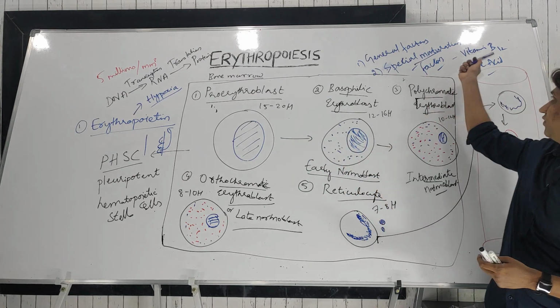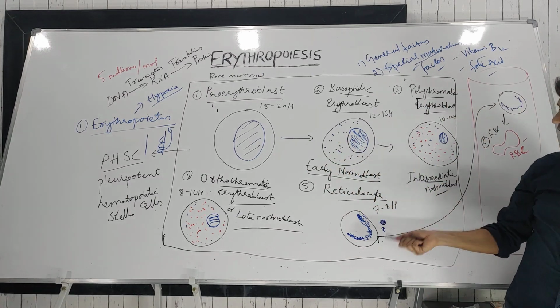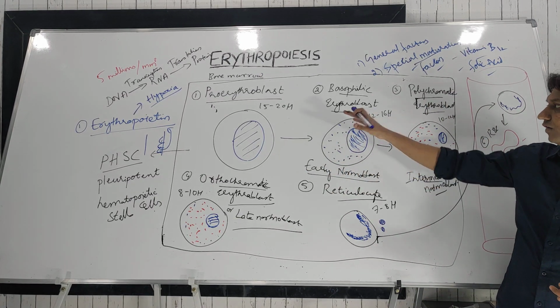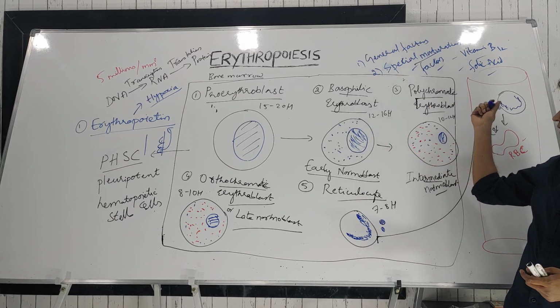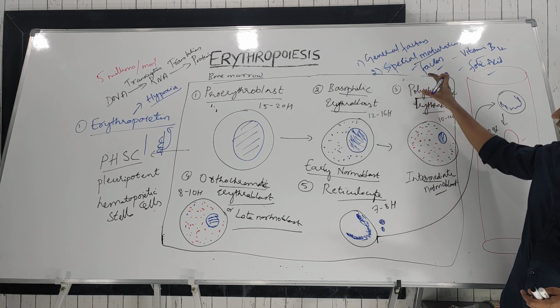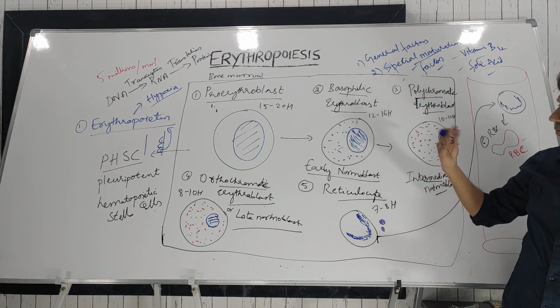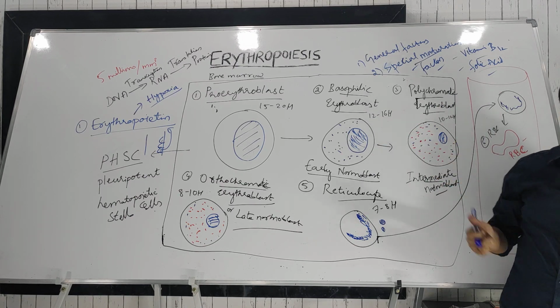If there is a deficiency of vitamin B12 and folic acid, nucleus maturation does not take place, and the cell will remain in the immature state, whereas a normal RBC does not have a nucleus. Sometimes there will be megaloblastic anemia due to this deficiency. Megaloblast means a larger cell, as nucleus maturation does not take place.